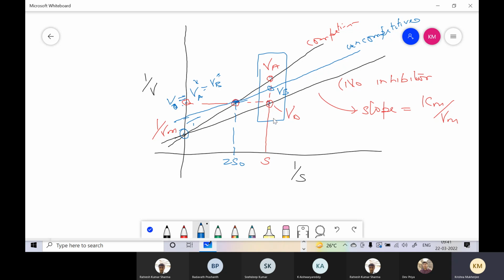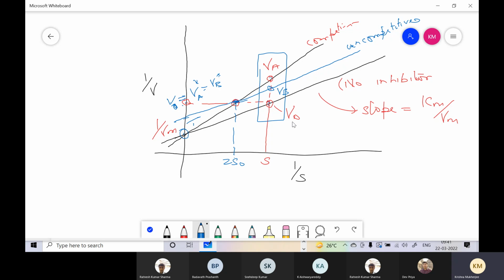This was not an algebraic problem. This was a graphical problem. I believe your ability to handle graphs conceptually is as important as your ability to handle differential equations and algebra, because today understanding through graphs is equally important. So this is the way you solve this problem.